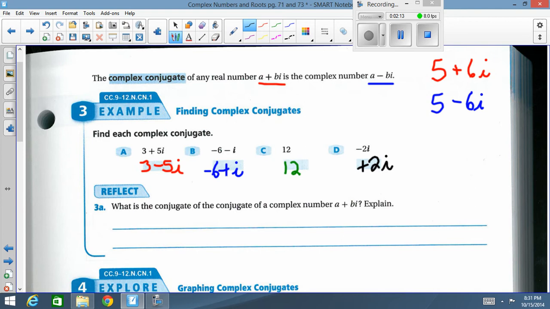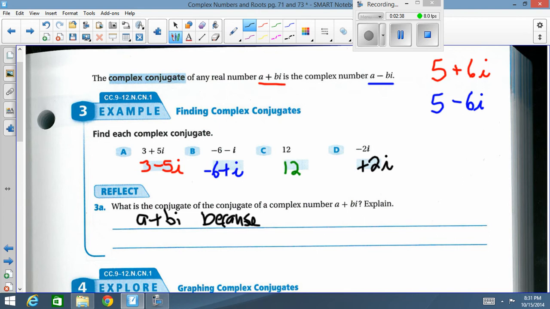Now the little reflection question here is interesting. And maybe you want to pause this for a second just to try to come up with an answer for this. But what is the conjugate of the conjugate of a plus bi? Well, it's just going to be a plus bi again.